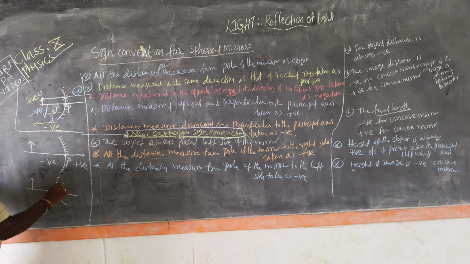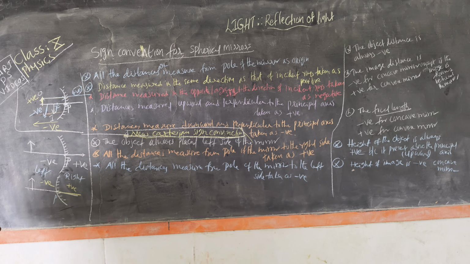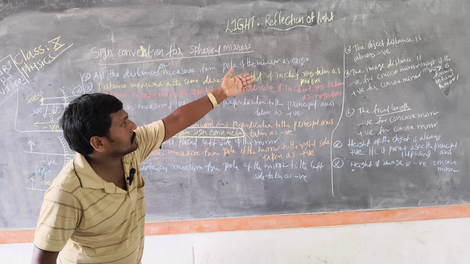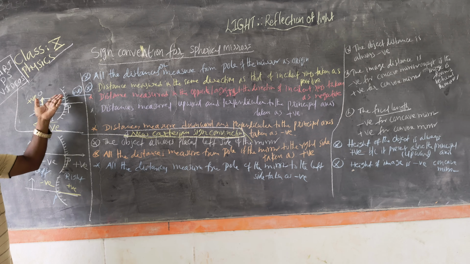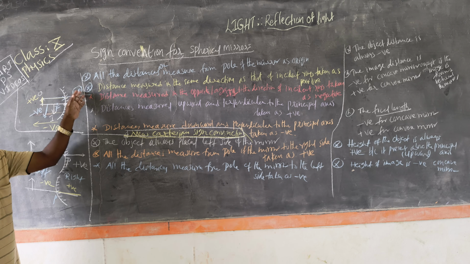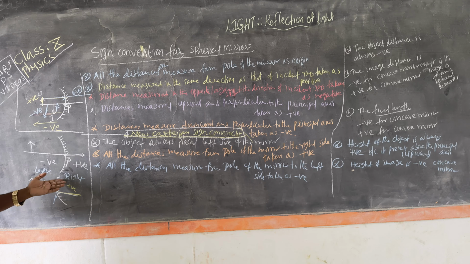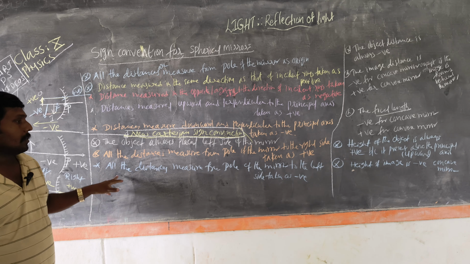Same as before: distance measured in the same direction as the incident rays is taken as positive, so the right side of the pole is positive. These are against or opposite to the incident rays, so the left side of the pole is taken as negative.